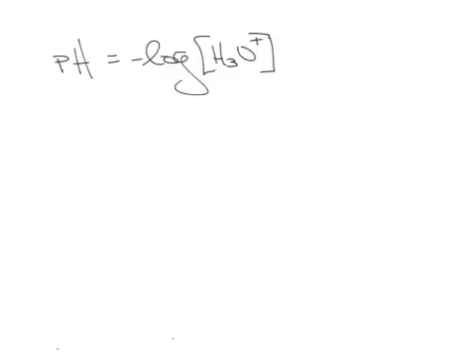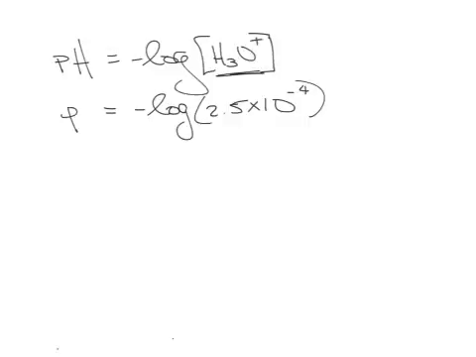Find the pH of a solution with a hydronium ion of 2.5 times 10 to the minus 4. So instead of writing the hydronium ion, we're going to put 2.5 times 10 to the minus 4 in its place, and we're trying to find the pH. We're solving that, and that'll give us the pH.